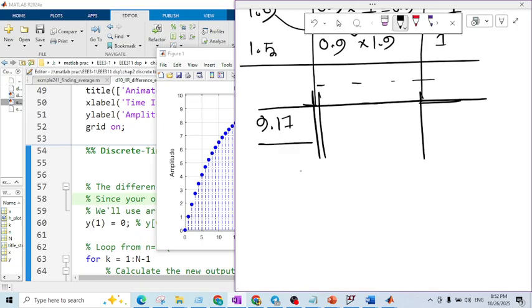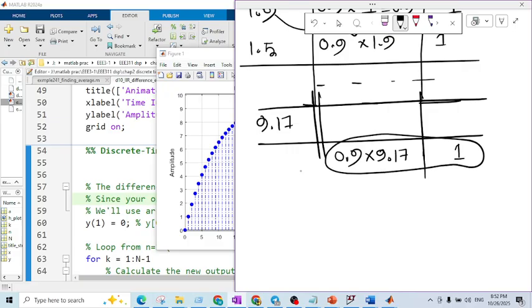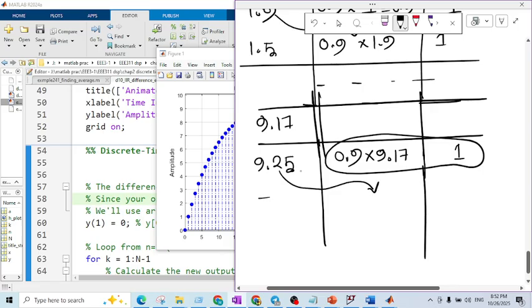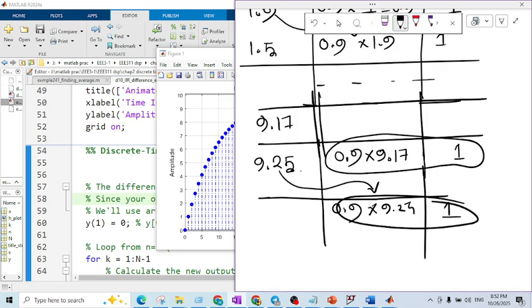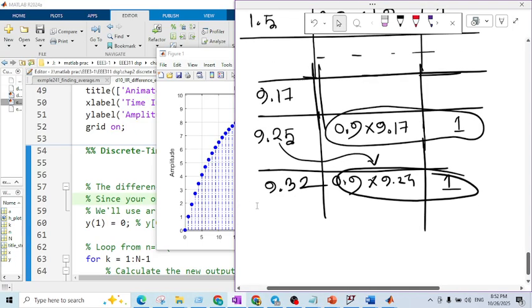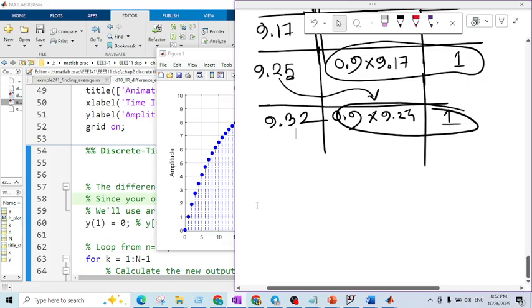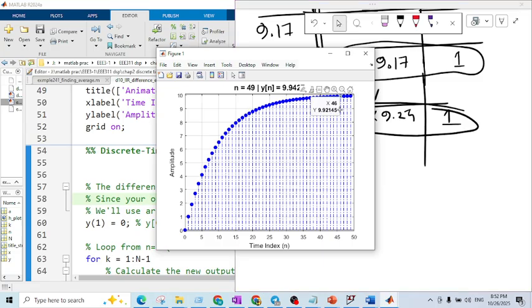At the next time this 9.17 will appear here with a 0.9, and the input is again 1, and if I sum these two things I will get 9.25. Again this 9.25 will appear here with a weight of 0.9, which I have to sum with 1, and I will now get 9.32. And if I do this again and again, oh, I am actually approaching 10, right? Like this equation.